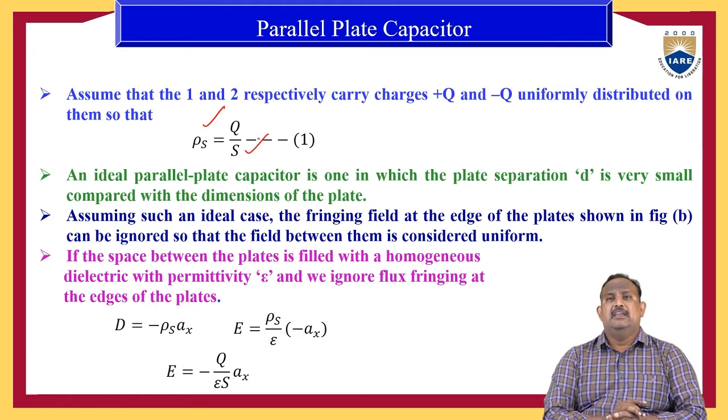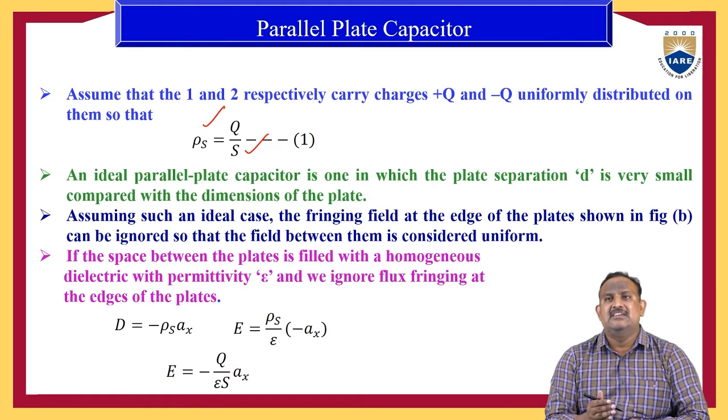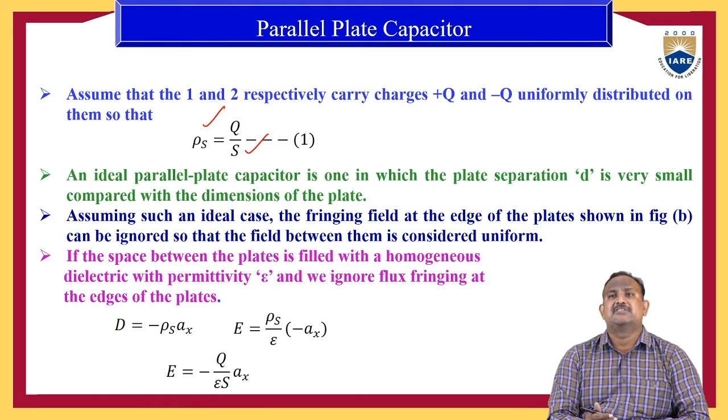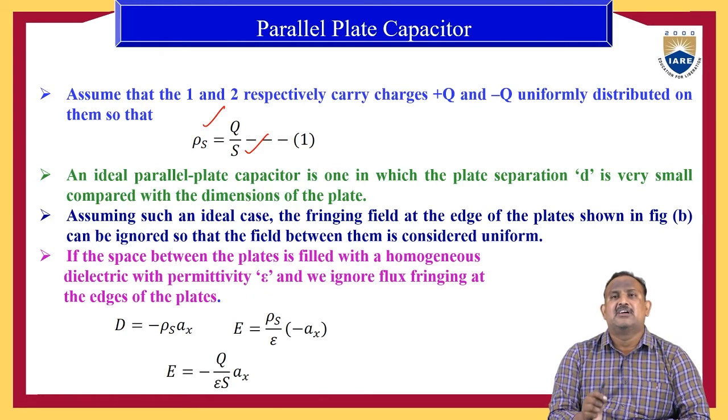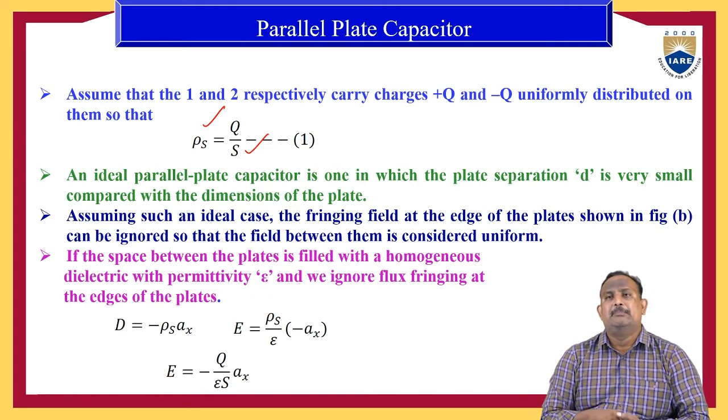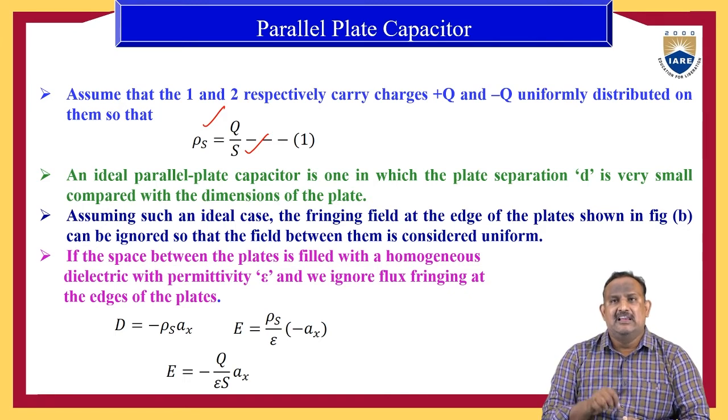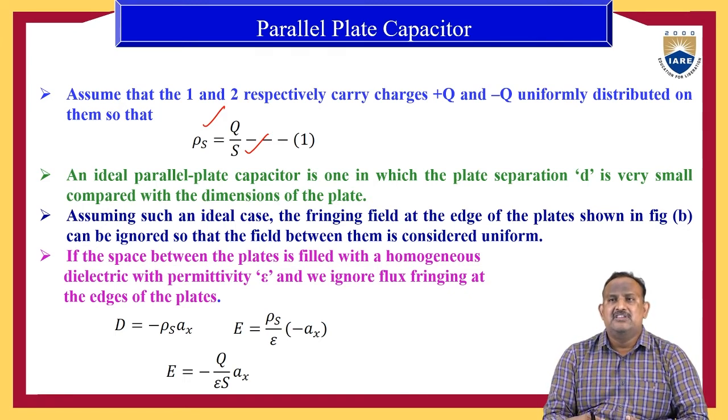An ideal parallel plate capacitor is one in which the plate separation d is very small compared to the dimensions of the plate. Assuming such an ideal case, we can ignore the fringing effect at the edges.